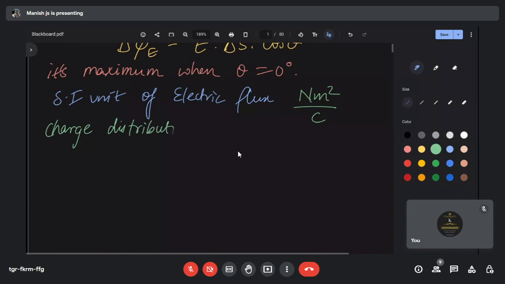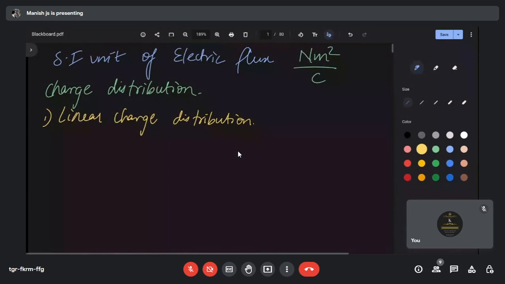Yes. In charge distribution, you have three different categories. First one is linear charge distribution. We can represent this linear charge distribution using an alphabet. I will teach you the general representation.